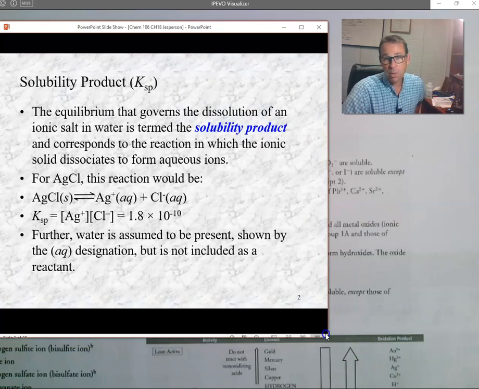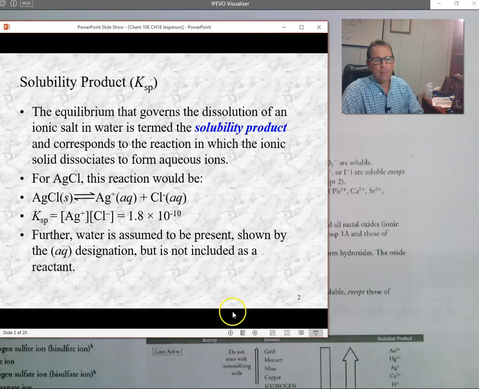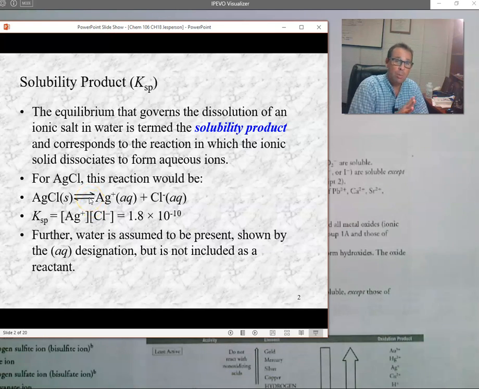The K for a weak acid tells us how much of the material goes toward product. Well, there are Ks for solubility products, and this K tells us how much of our material goes to solubility.